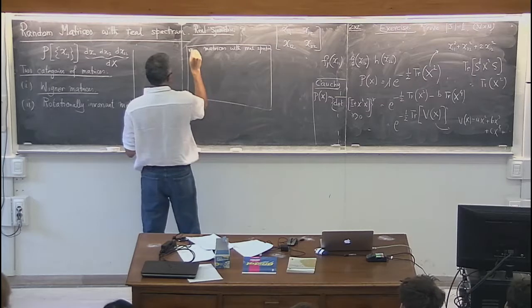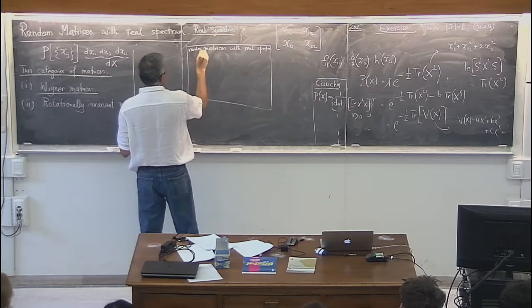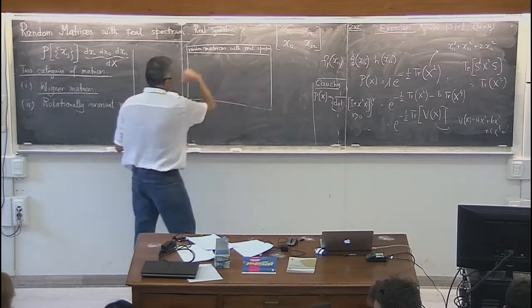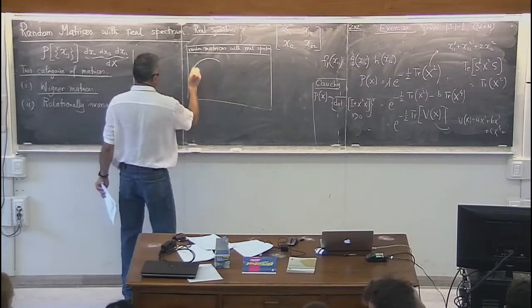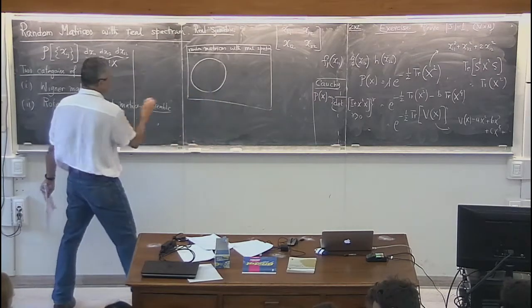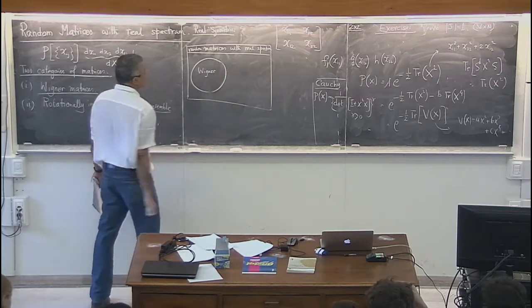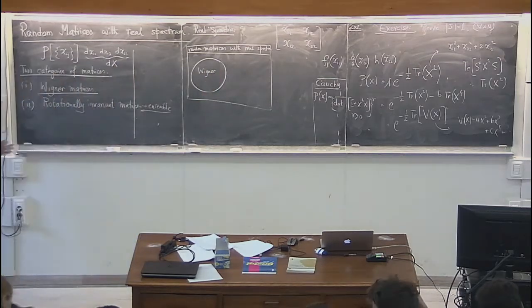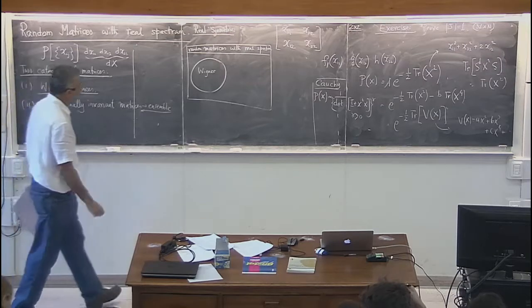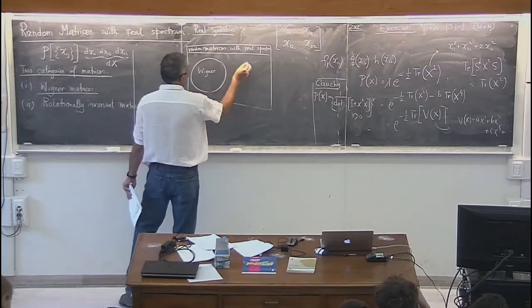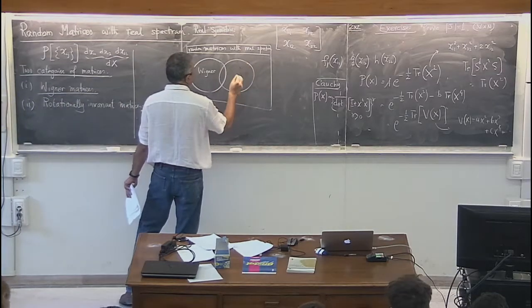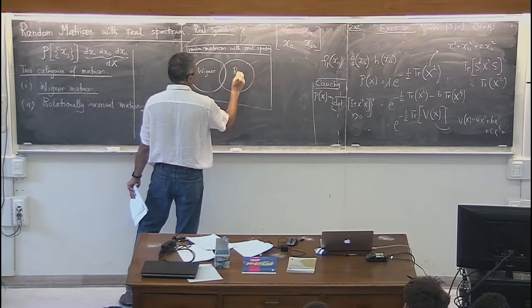There is this class here, which is the Wigner matrices, where the elements are independent, and there is a class here, which are these rotationally invariant ensembles.